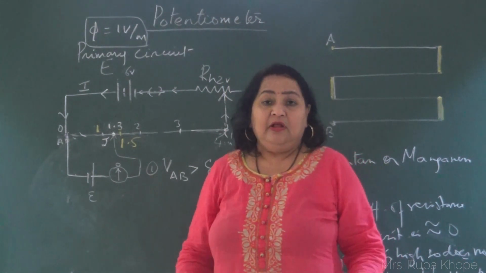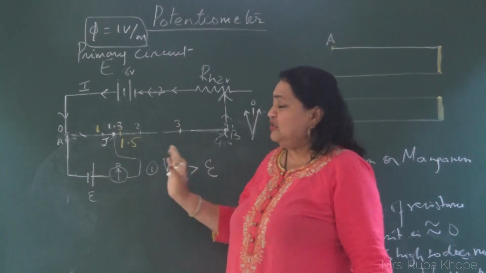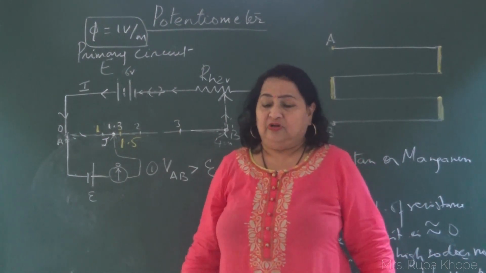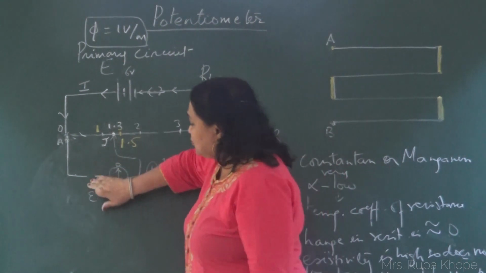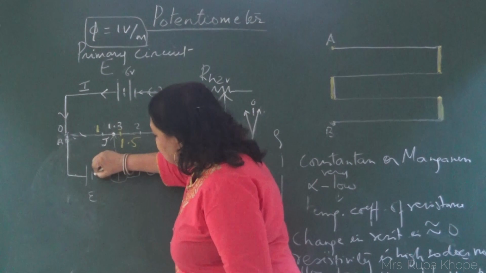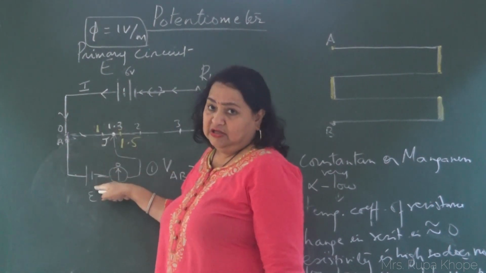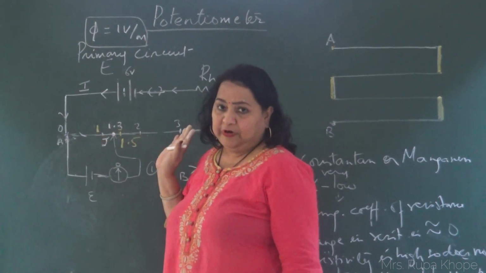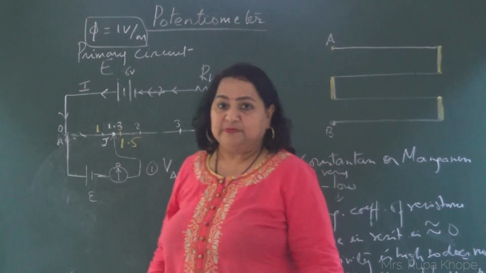This is not possible. We will solve some problems on this topic and find out why it does not work. So remember these two conditions. Polarity is very important. You must always connect both the positives of this eliminator as well as the cell at the A point. So these are the two conditions we need to know to perform the experiment.